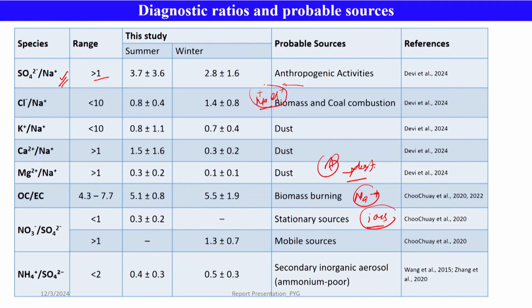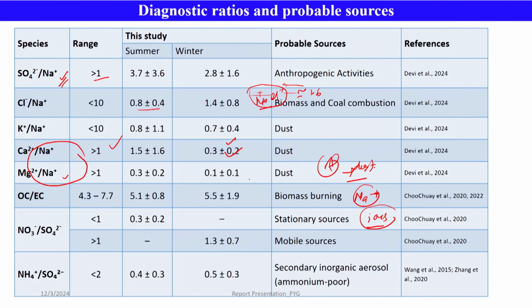The ratio should be somewhere around 1.6 in molar ratios, but if you are getting chloride less compared to sodium, less than that, they are again coming from biomass and coal combustion. Potassium, and the calcium to sodium and magnesium to sodium ratios, these two are very important for dust characterization.